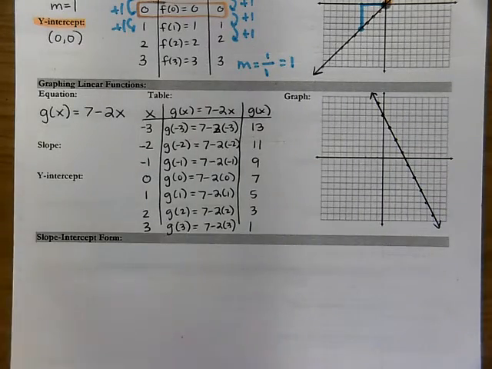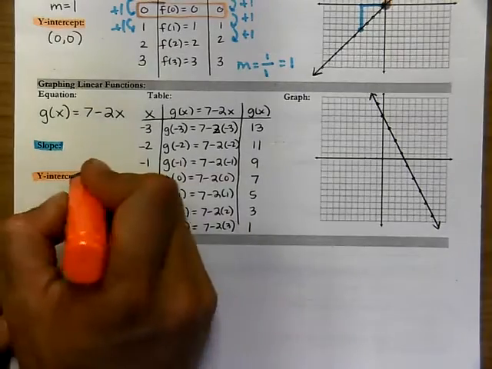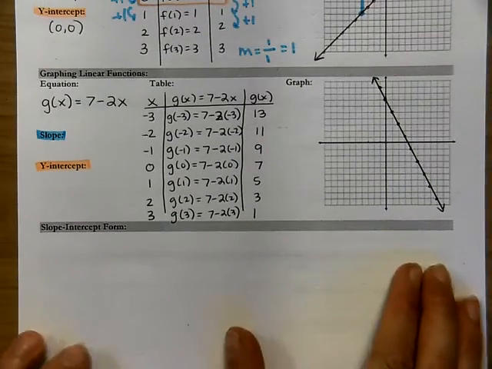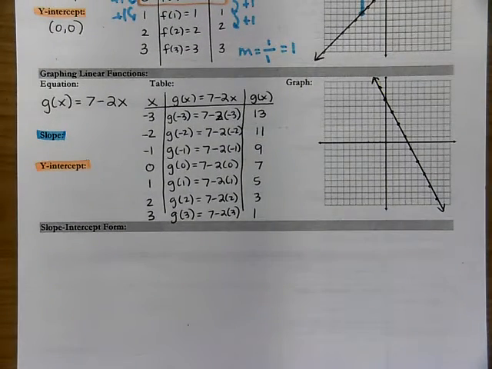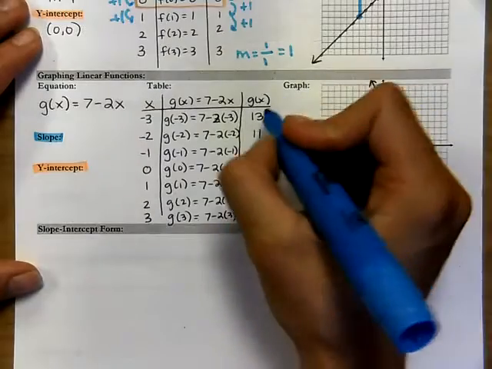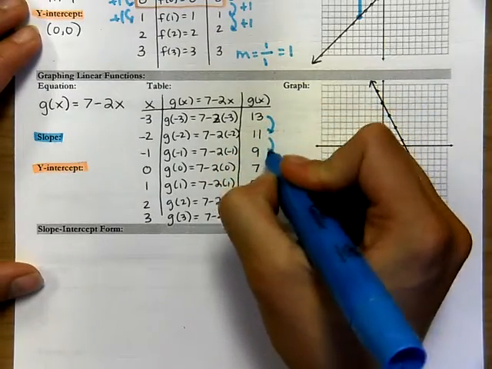Now go ahead and do what we did before. Find the slope, I'm going to do this in blue, and the y-intercept, both in the table and the graph for me. Find it in the table and the graph. Pause the video and do this on your own right now. Alright, now that you've done it on your own, go ahead and check your answers with me. So my slope, I know in a table I look for the change in y and the change in x.